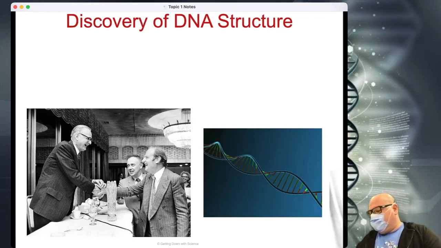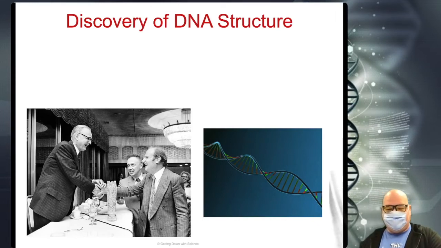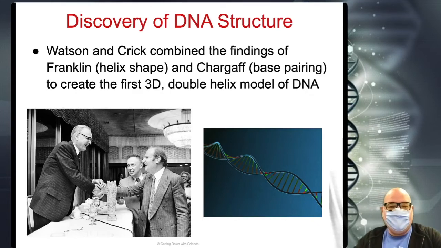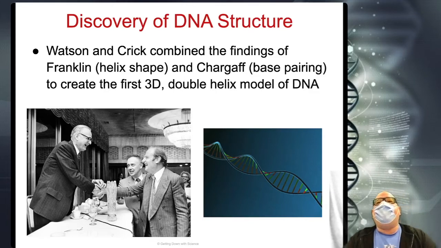All right. I'm going to probably do a little sidebar today just so you know the history here. Watson and Crick are the guys that got credit for discovering that DNA had a helix shape. Okay?